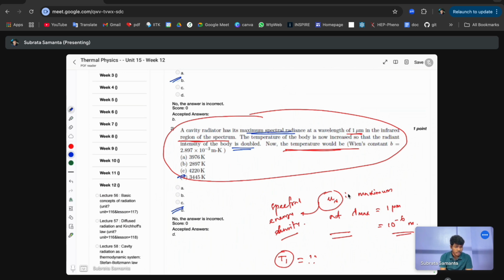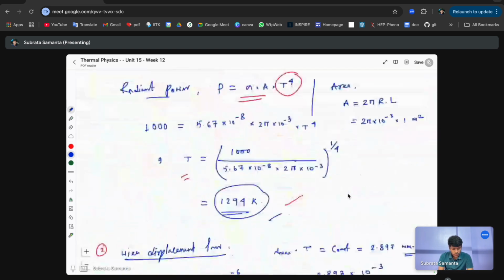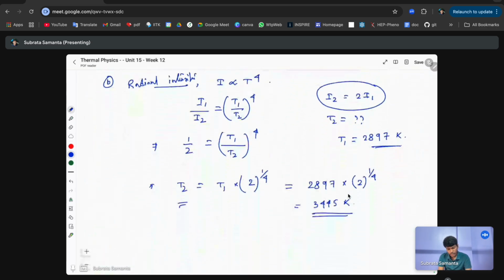So you have to know how radiant intensity depends on the temperature. Once you know this, you can calculate the final temperature when the intensity is doubled. So this is your A and this is your B, two parts.